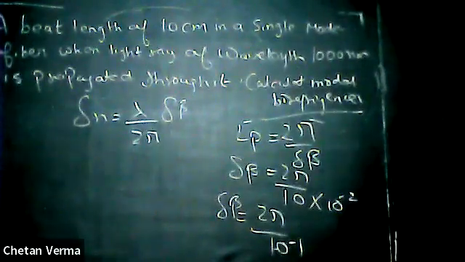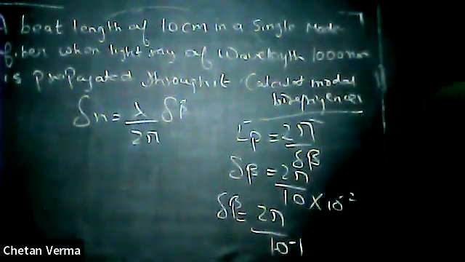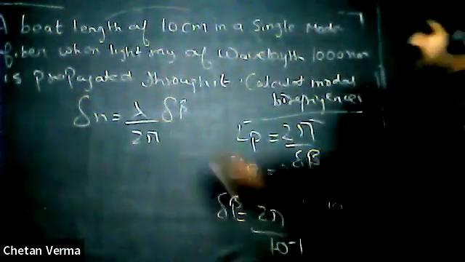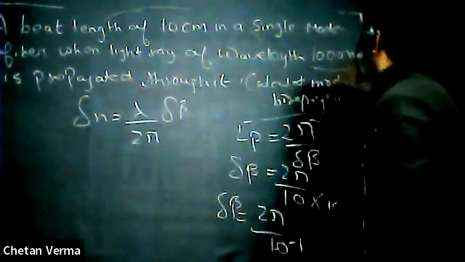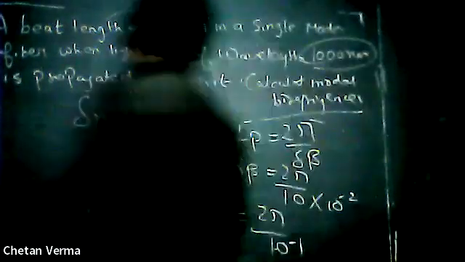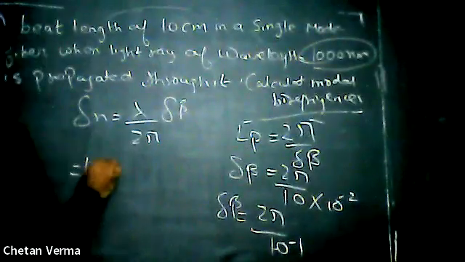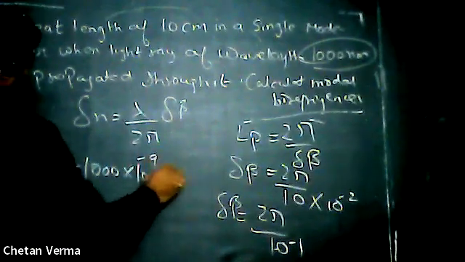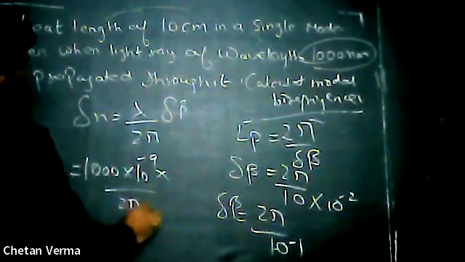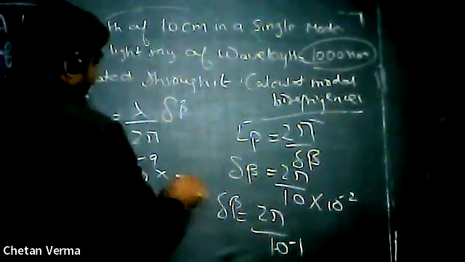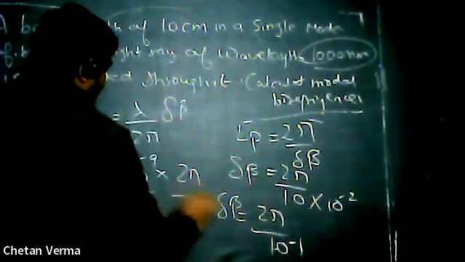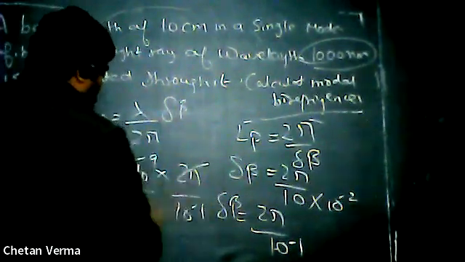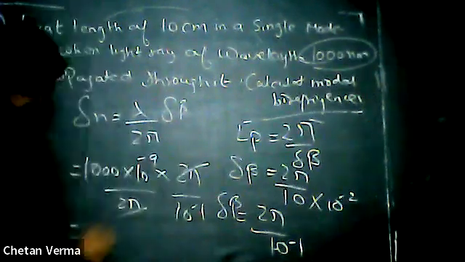Okay, so now according to the modal birefringence, lambda is given, that is 1000 nanometer, 1000 into 10 raised to power minus 9, 2 pi, delta beta is 2 pi by 10 raised to power minus 1, 2 pi cancel.